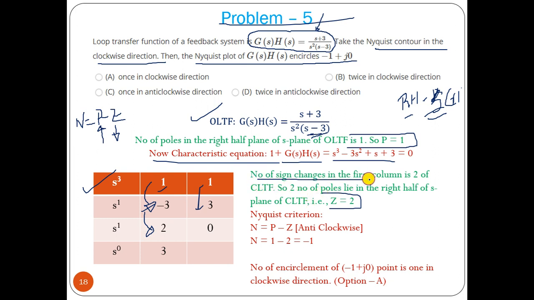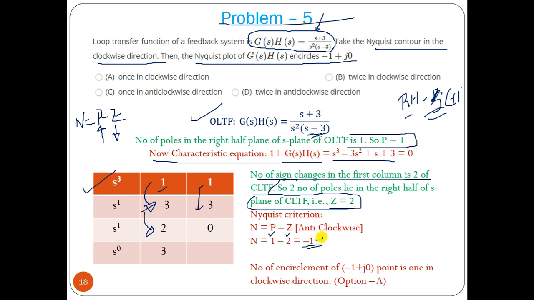The number of sign changes in the first column is 2, for the closed loop transfer function, because we have taken 1 plus G(s)H(s), the characteristic equation. So the z value becomes 2. We know that n equal to p minus z, with p equal to 1 and z equal to 2, so n becomes -1.